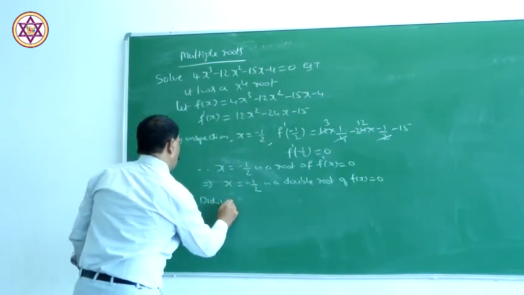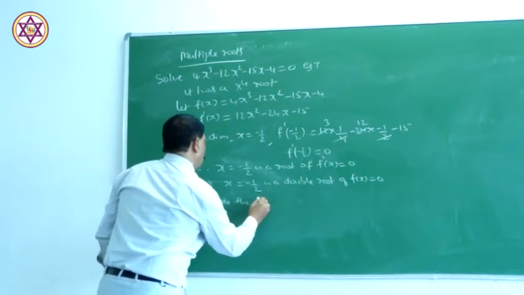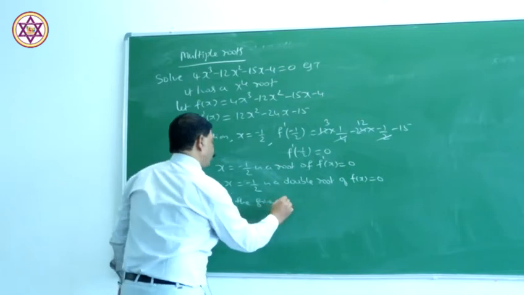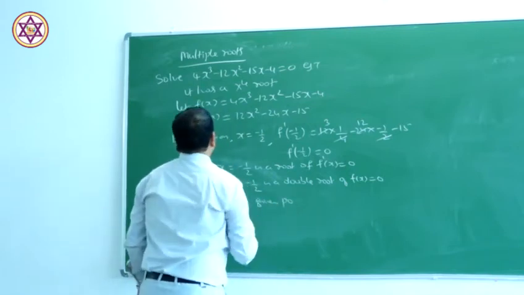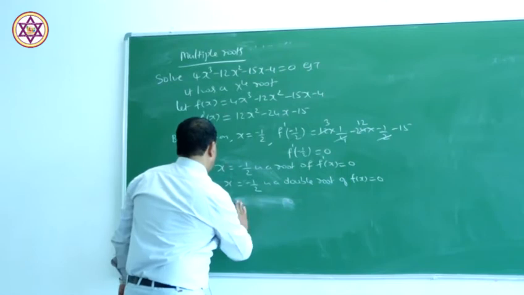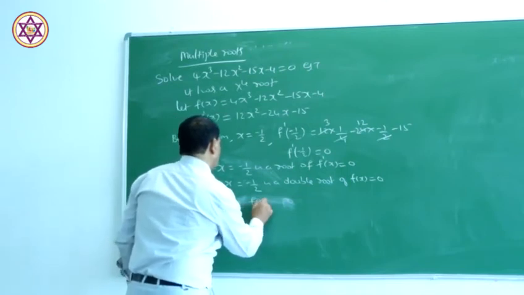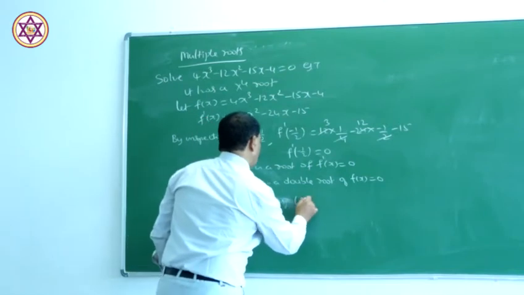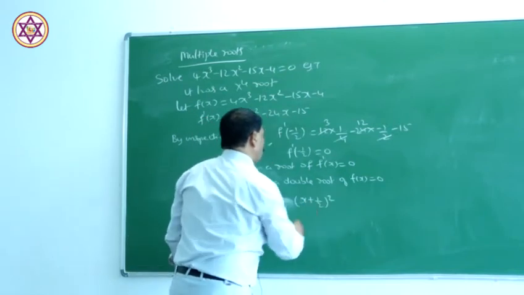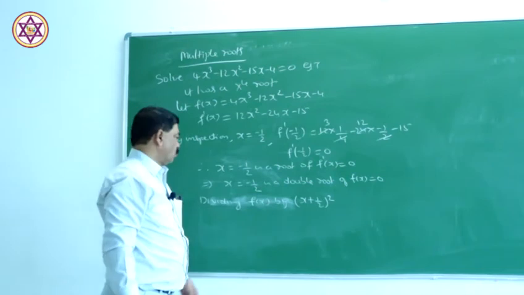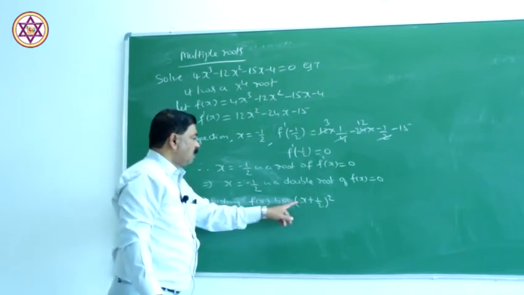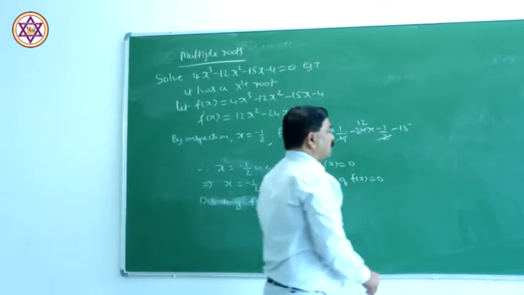Divide the given f of x by x plus half whole squared, because this one is a double root, by synthetic division.